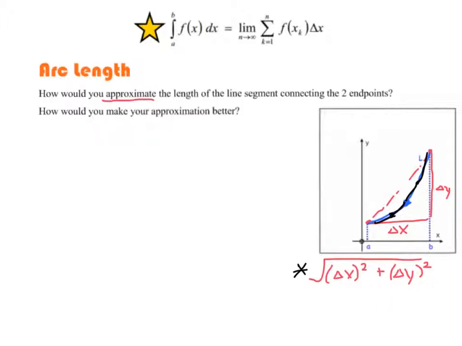Okay? Let me play with some algebra. So I'm going to take my Pythagorean theorem that I wrote down. I'm going to factor out a delta x squared. I think you'll see why in a minute.